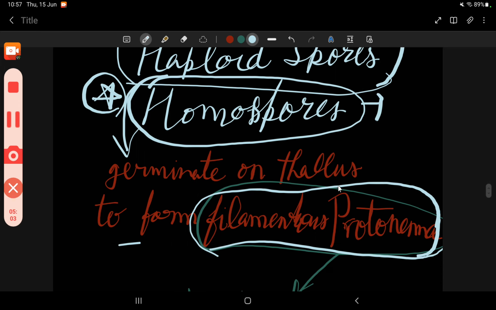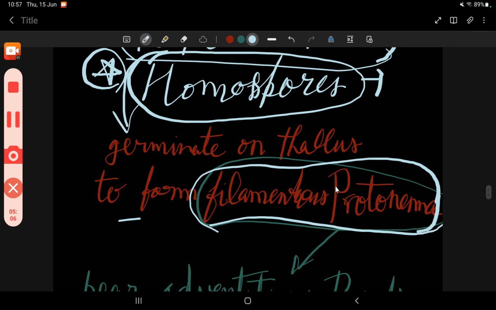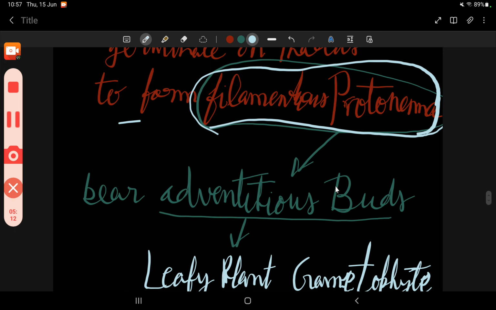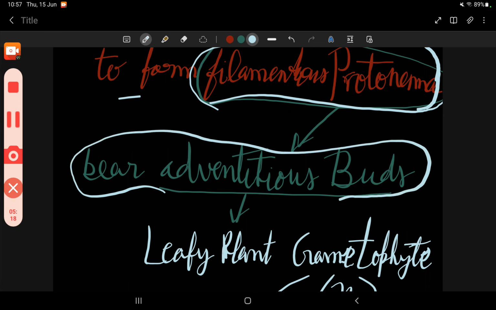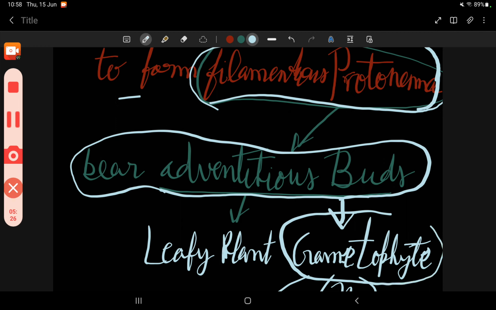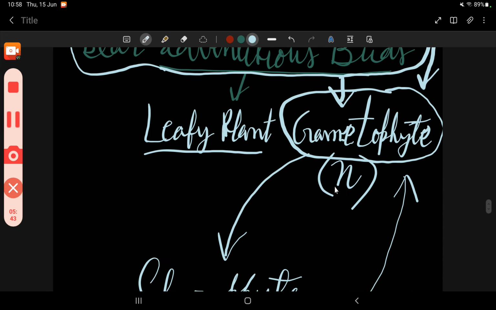The next question: germination of homospores gives rise to a filamentous protonema, which bears adventitious buds and lateral buds, which finally give rise to the gametophyte. They form the leafy plant, or gametophyte. Last time the question came: which part of the plant gives rise to the gametophyte? The answer is protonema. This was the question of the commission last time.